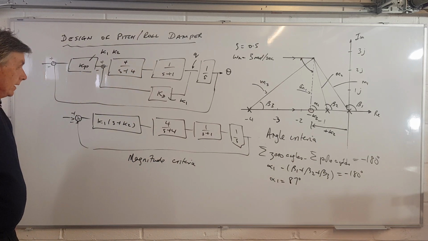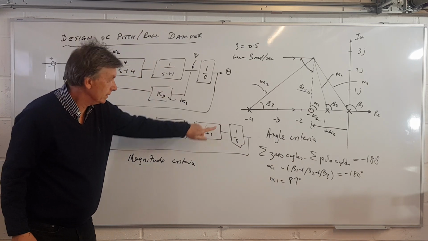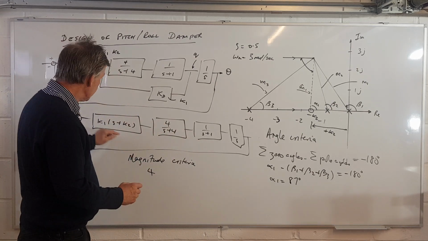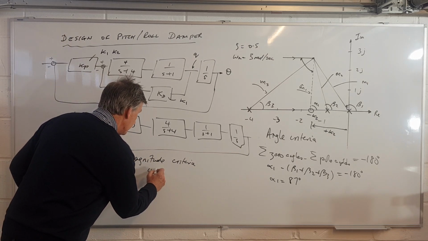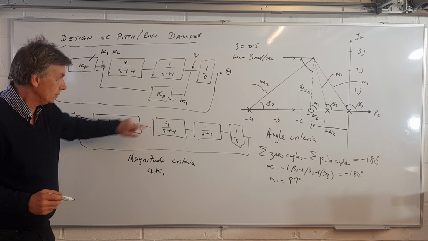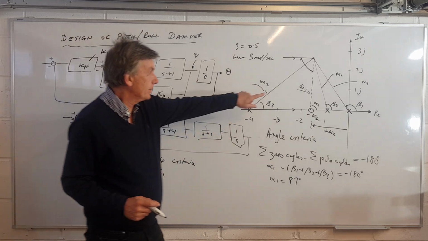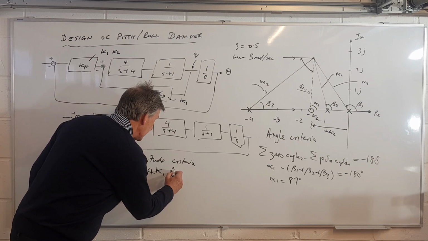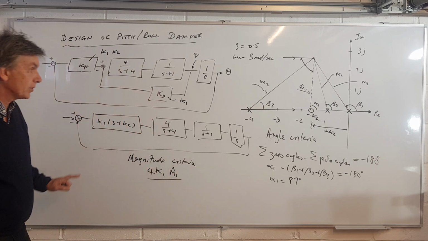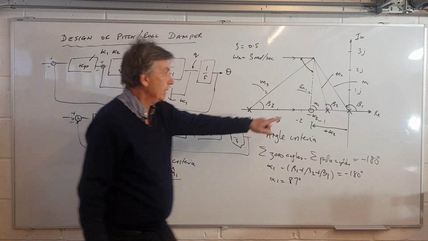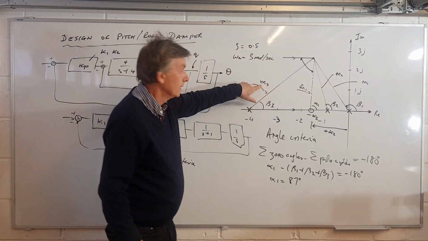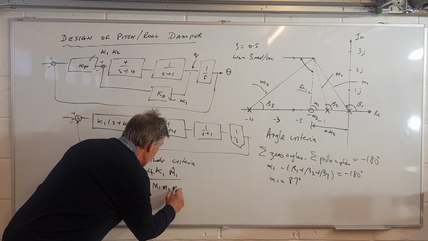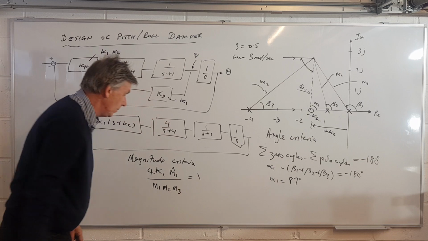The magnitude criteria now tells us that the forward loop gain on here, which is 4, so 4 times K1, because you've got a K1 and the 4, and that's multiplied by the product of the 0 distances, which in this case will be M1 hat, divided by the product of the pole distances. So it's going to be M1 times M2 times M3. And that's equal to 1.